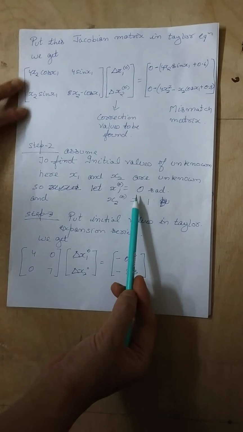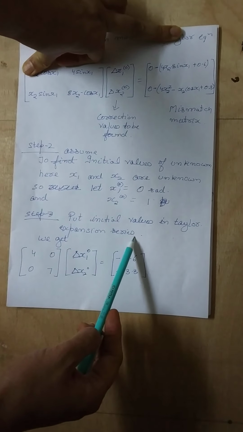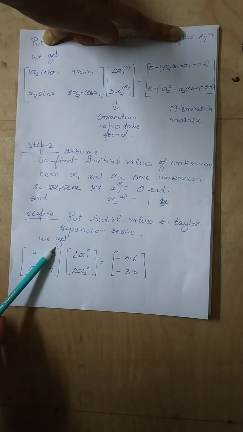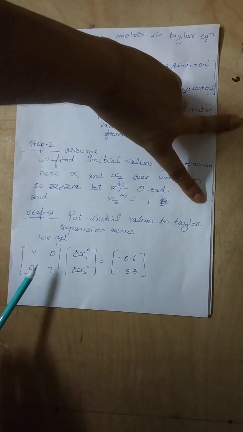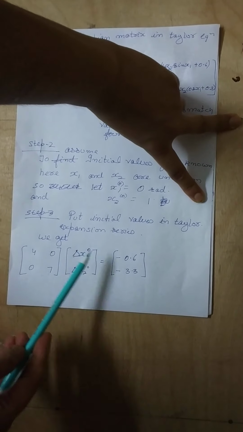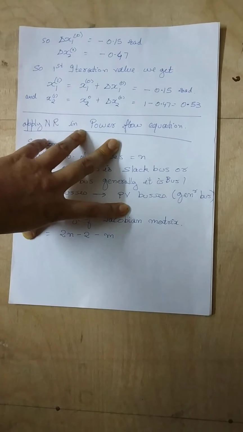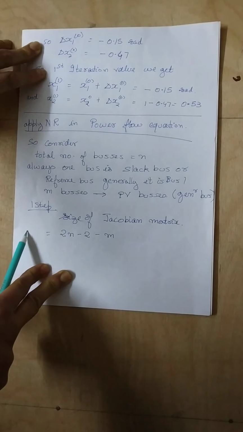Okay. Now step 3, I have to put these initial values in the Taylor expansion series. When I put these initial values in this, I get this matrix, and by the values of this matrix, I can make out these two values. So in my first iteration, I will find these. After the first iteration, I get these values.